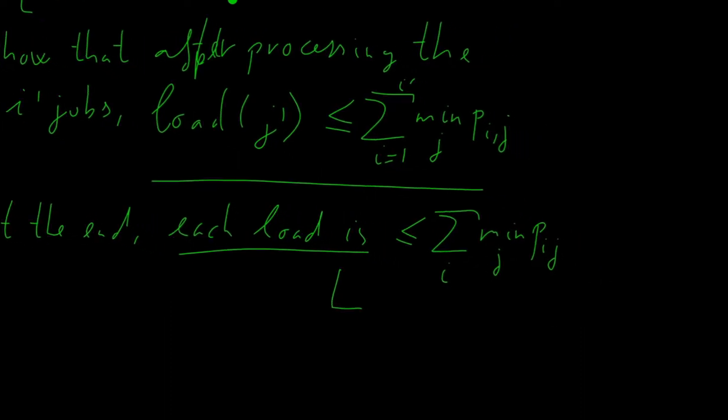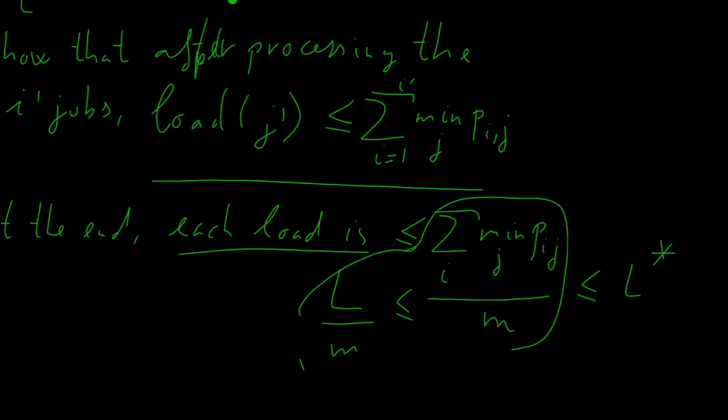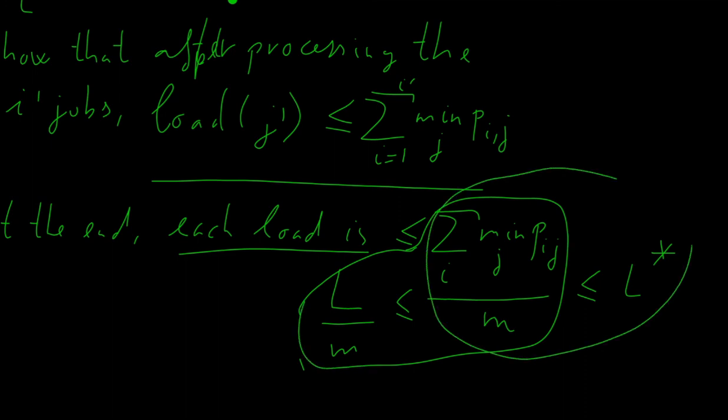And I also have that if I just divide it by m, then it will be at most L star. Okay, I just divide it by m as well. So this is coming from the induction hypothesis, and we divide it by m, and this is coming from the general bound.